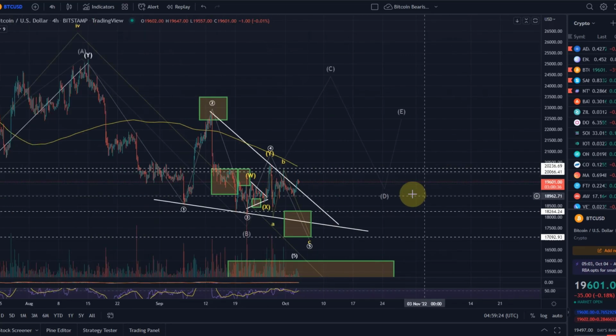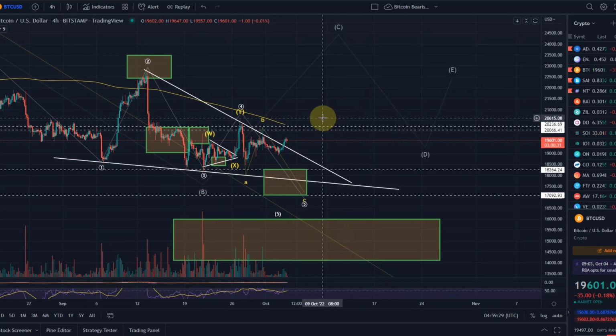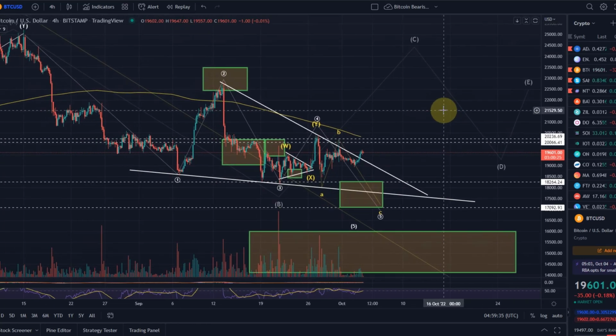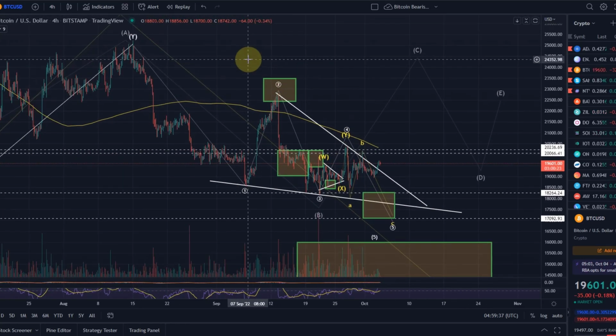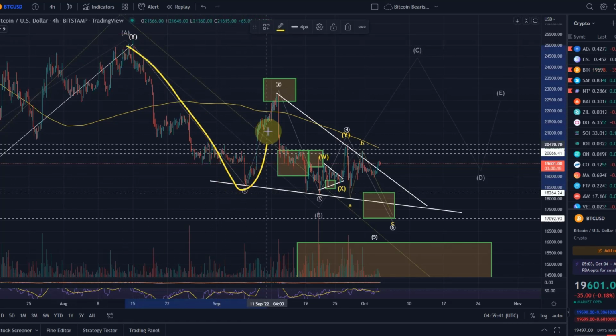The other pattern is this one, which we count a little bit differently. In the short term it's exactly the same, so it doesn't really make a great difference. But this would be a wave 1, a wave 2 done, and the wave 3 done as well.